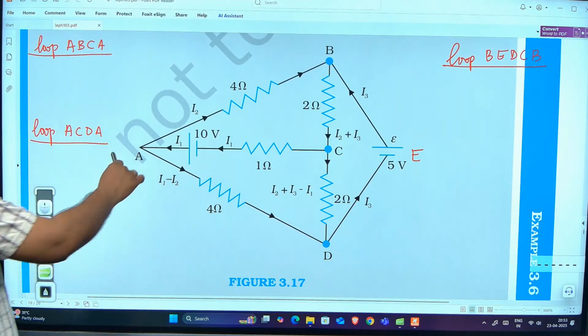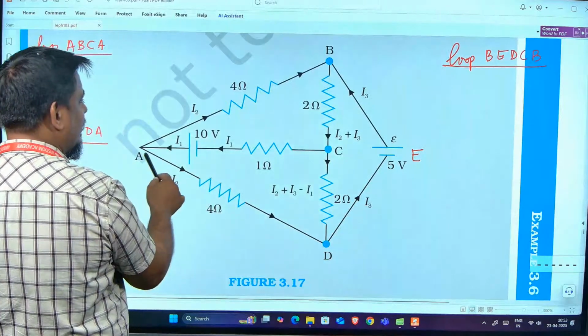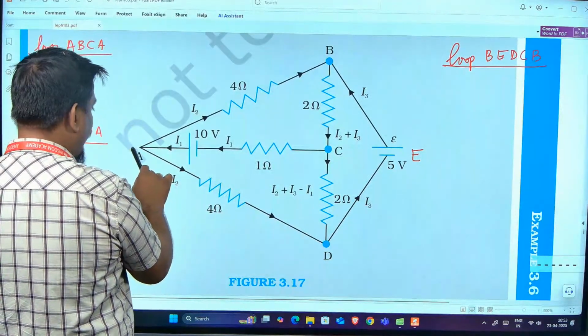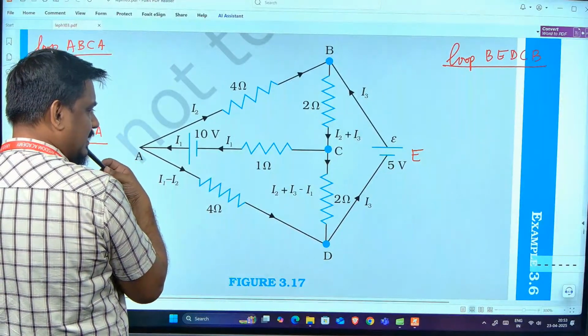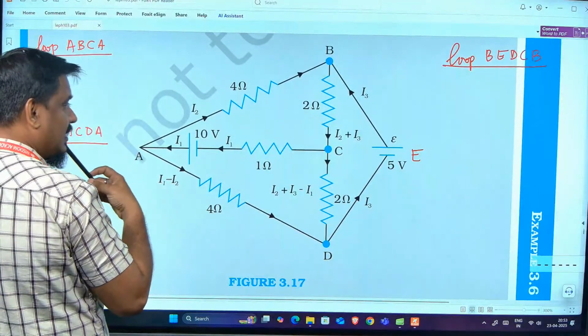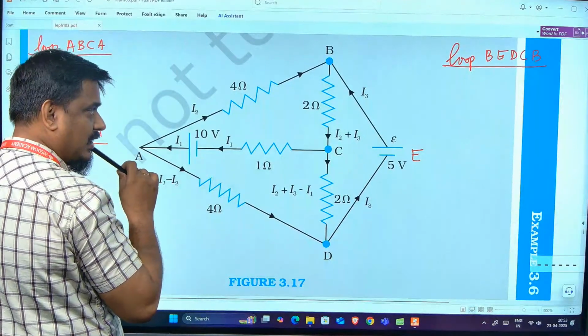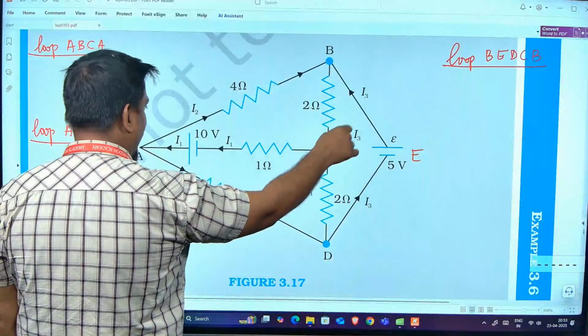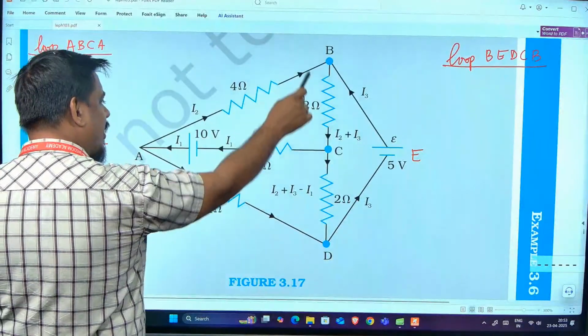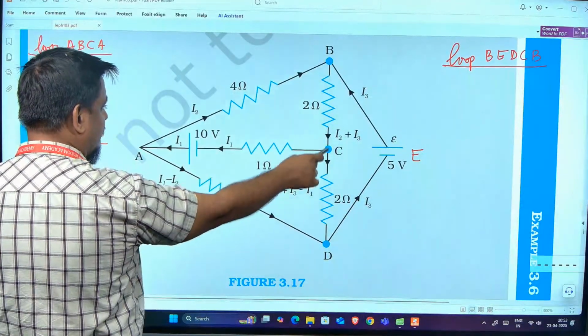See, if I am taking this, you would have got I1, I2, I3 all unknown, right? Sir, I took A, B, C, A, and B, C, D, E, B. There you will have only I2, I3. Here you will have I1 and I2, and I3 also is there, no?